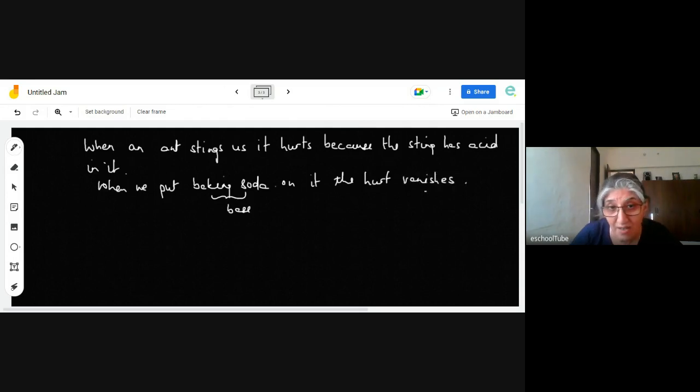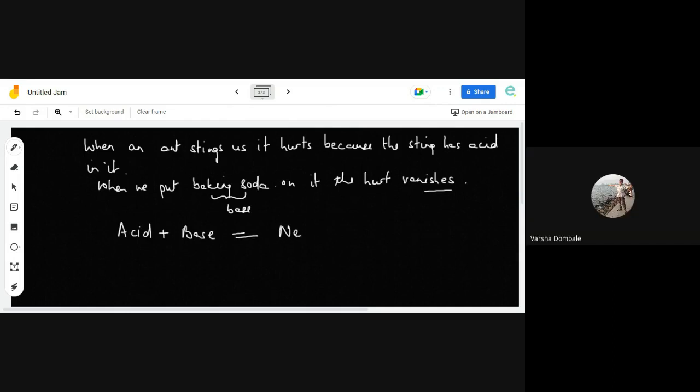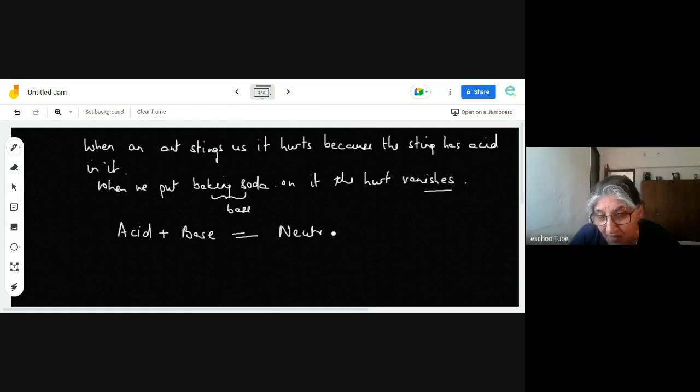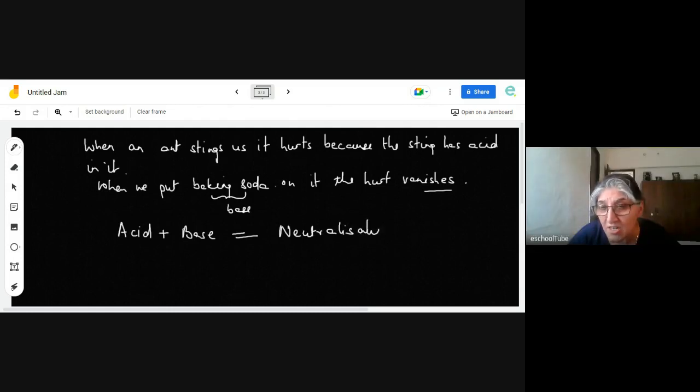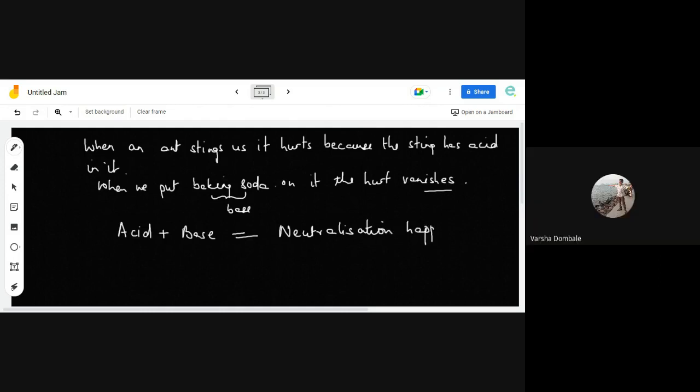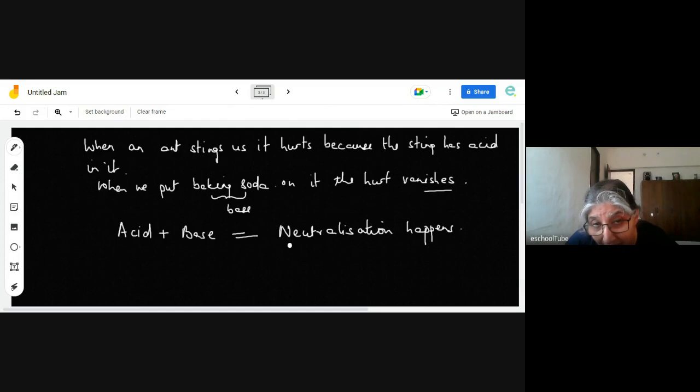Now what has actually happened? Acid plus base, these two have reacted with each other. Baking soda is calcium sodium carbonate. So neutralization happens. You write this word, neutralization, which actually happens when acid plus base react.